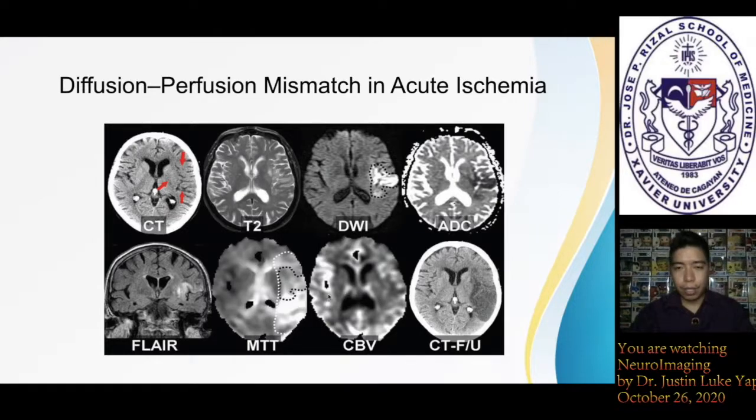Now, in perfusion studies, you can see that actually the area of possible involvement is larger. This is what you call the ischemic penumbra.